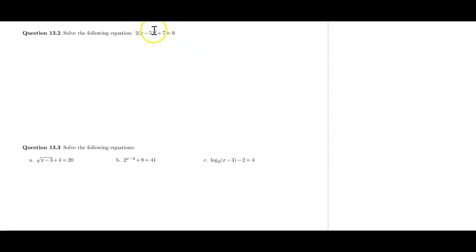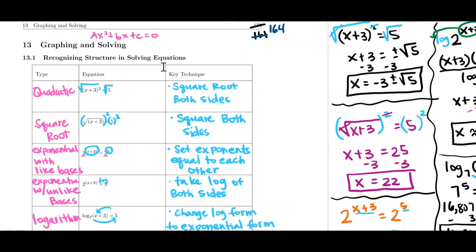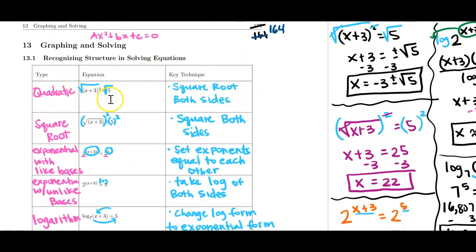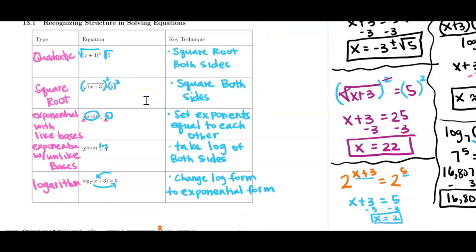Well, I see that it's a squared. If I go back up and look at my chart, it kind of looks like this. It's quadratic, but there's just more stuff around it. So before I can take the square root of both sides, I need to get that other stuff, which isn't just squared, over to the other side.